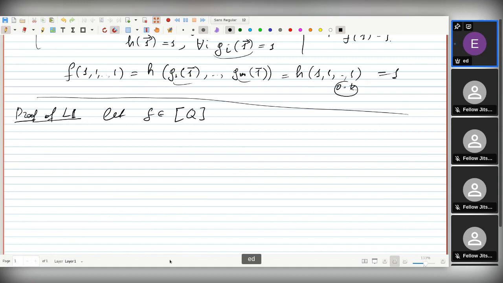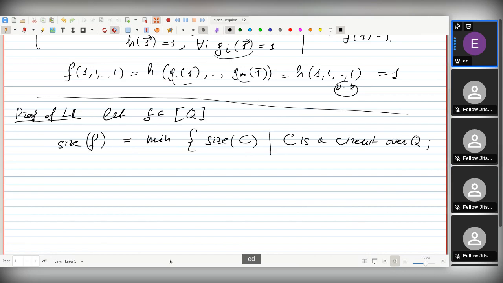Let us take the least possible size of a circuit computing f over Q. The size of f will be just the minimum of the sizes of circuits C, where C is a circuit over Q, and C computes f, that is, in our symbols, the function GC that C computes equals f.